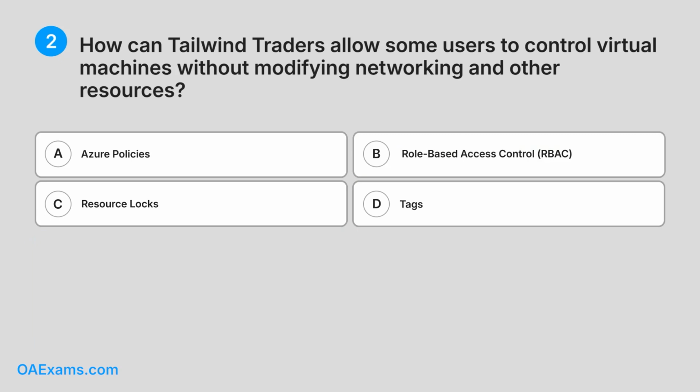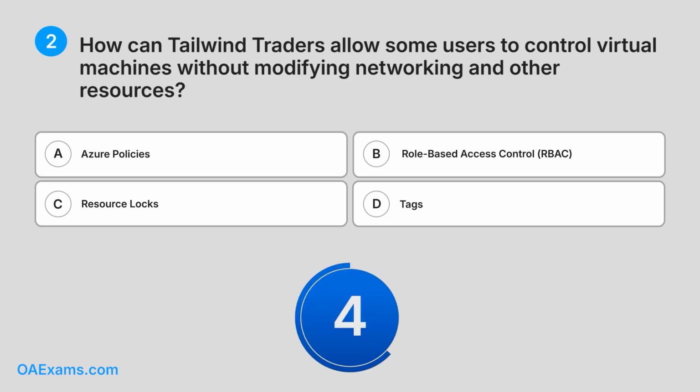2. How can Tailwind Traders allow some users to control virtual machines without modifying networking and other resources? A. Azure policies. B. Role-based access control, RBAC. C. Resource locks. D. Tags.